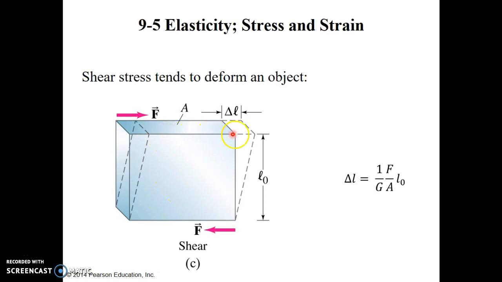That's going to cause the top to shift by some distance delta L. Now, we can measure that length delta L using the exact same formula we did before. 1 over G, where G is now defined as the shear modulus, also defined in that table I mentioned a minute ago, times the force over area, where area is the surface on the top, times the initial length, which would be the height of your object.